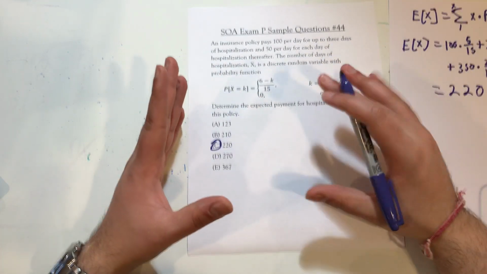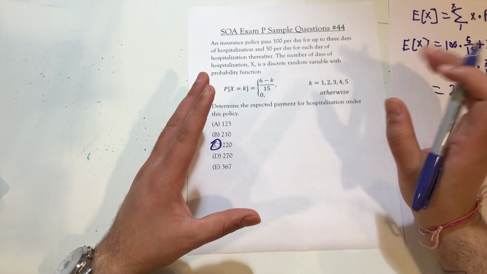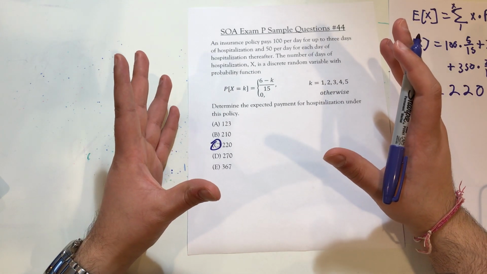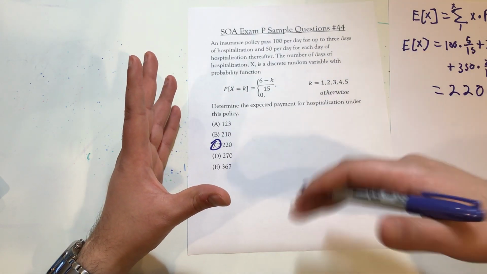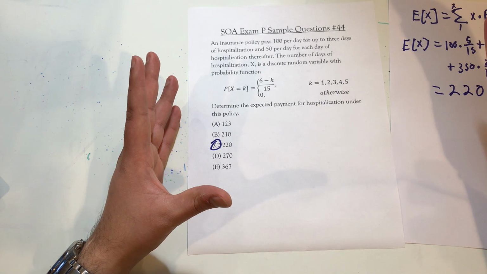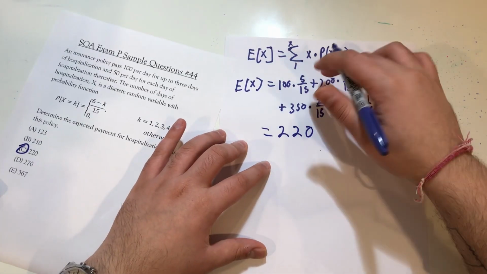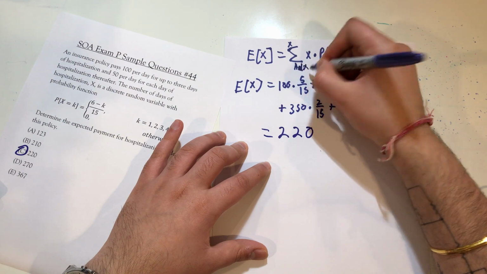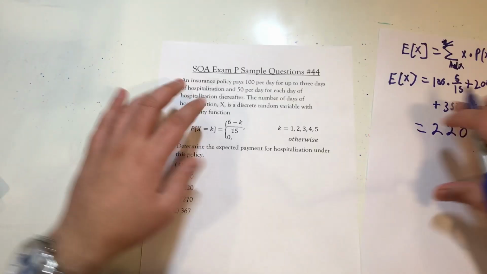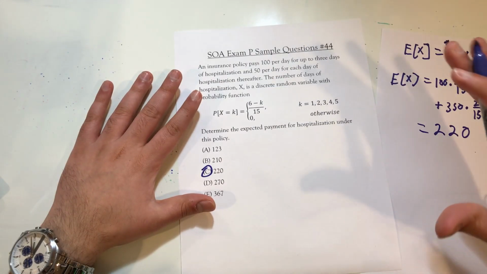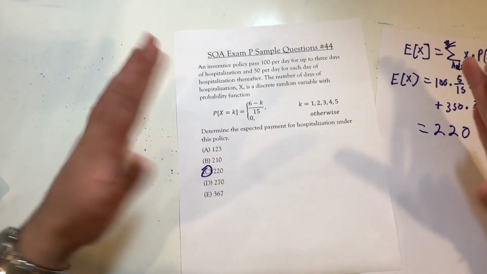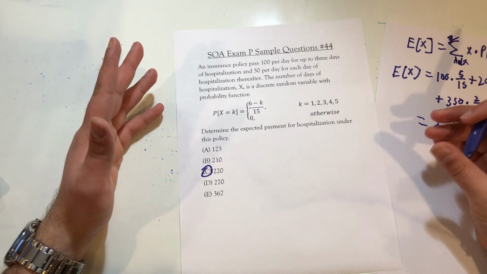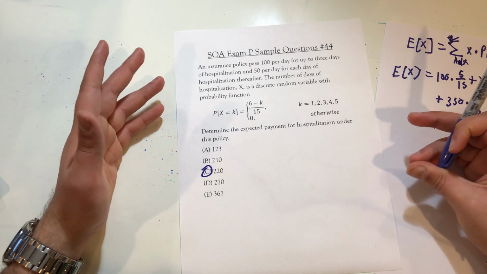But for discrete, it'd be the sum of the amount times the probability of getting that amount for all possible values of x, right? So I guess this isn't the exact formula, right? For all of x, right? And all we did was compute that. So you should be familiar with what a sum is, and that's pretty much it.